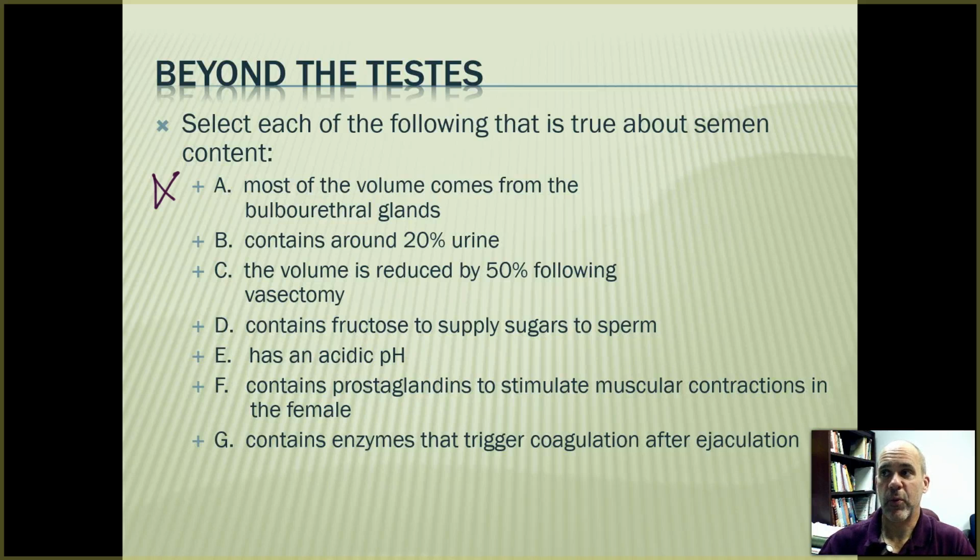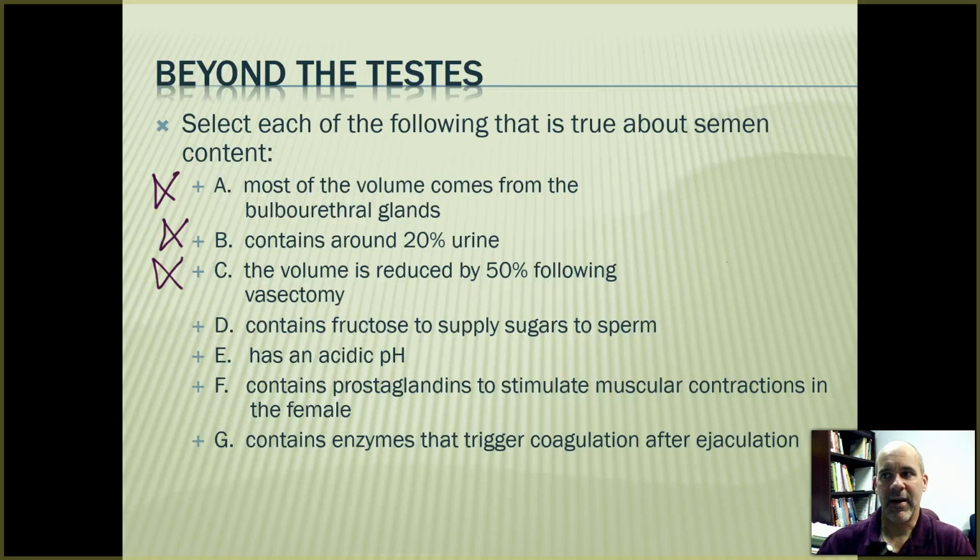All right, contains about 20% urine. I hope not. Urine is actually toxic to sperm cells, so you wouldn't want 20% urine in your semen. The volume is reduced by 50% following vasectomy. No, go back and review what happens during a vasectomy procedure. Vasectomy, the vas deferens on each side gets cut, but think about where most of the volume of the semen comes from.